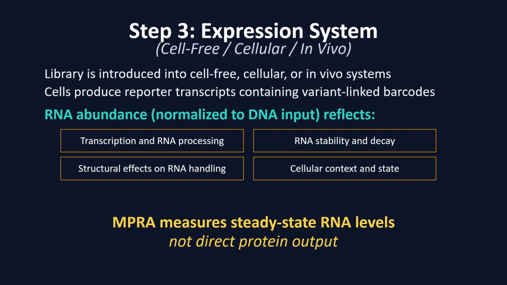But biologically, it's a snapshot of the equilibrium between how fast RNA is being made and how fast it's being cleared. So the model is seeing the net result of several overlapping processes.